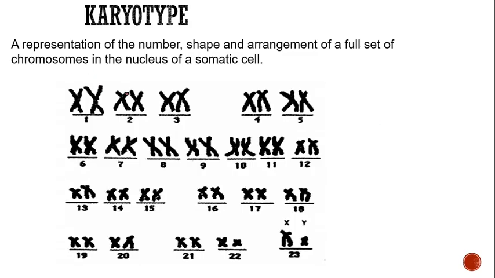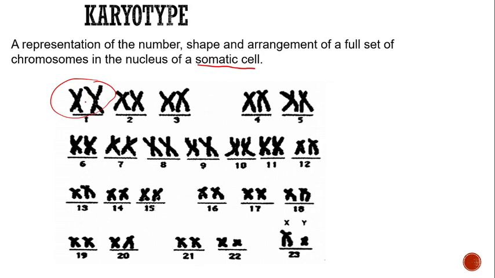A karyotype is basically a representation of the shape, the arrangement, and the number of a full set of chromosomes in the nucleus of a somatic cell. Emphasis being on a somatic cell. So how those chromosomes are arranged, their shapes. They are arranged according to their shapes, and then the number of those chromosomes.